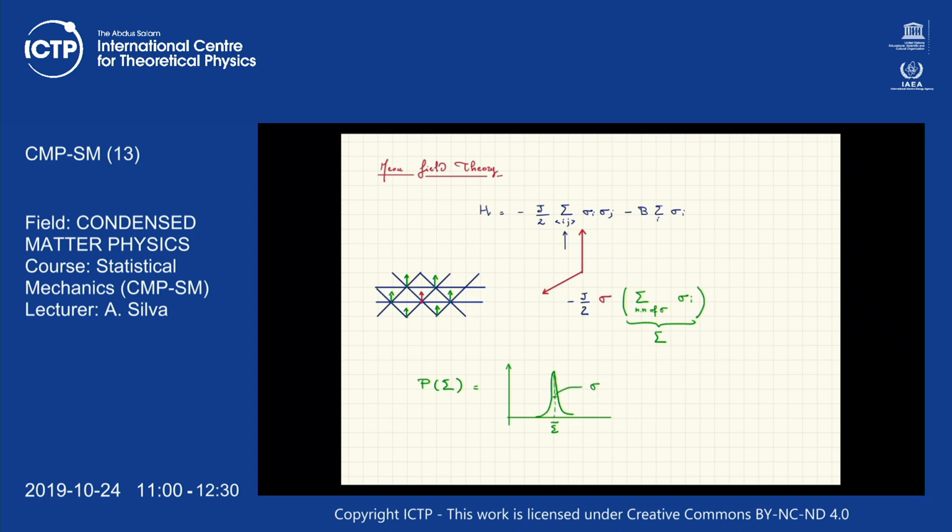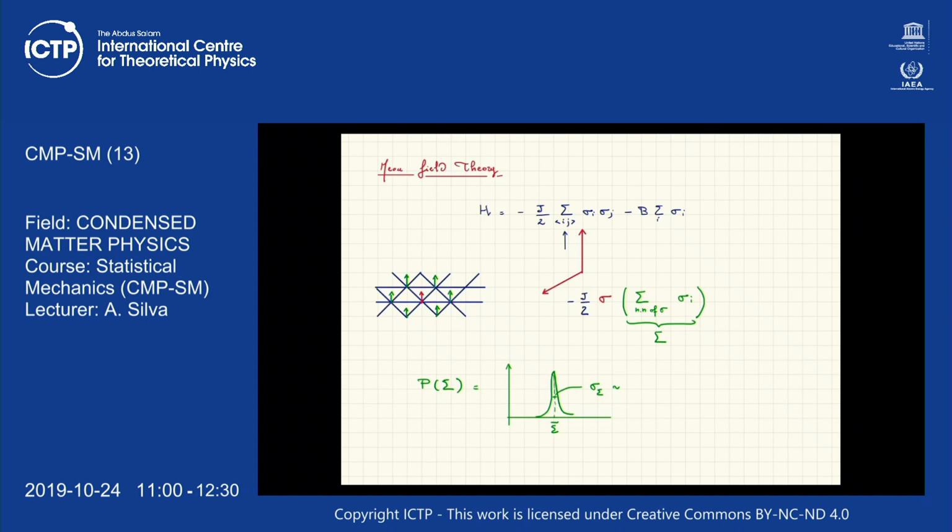these fluctuations that scale like 1 over square root of n or something like that. Well, that is the relative fluctuations.